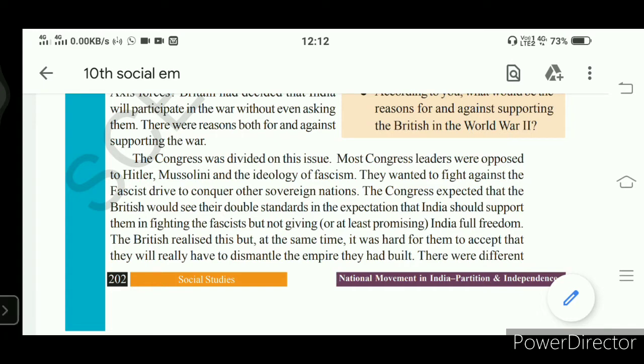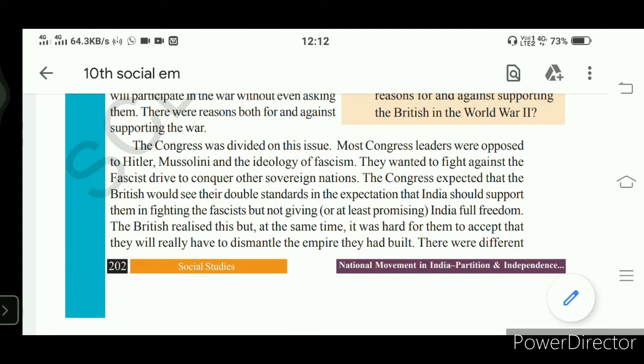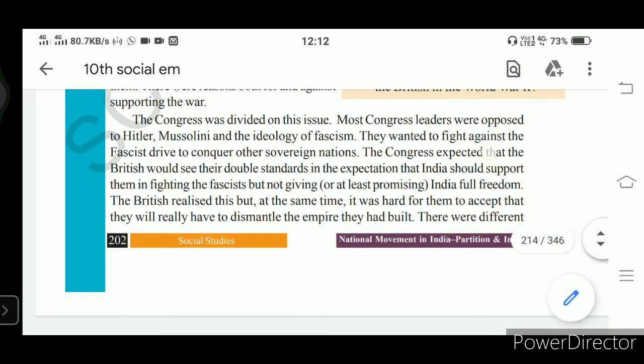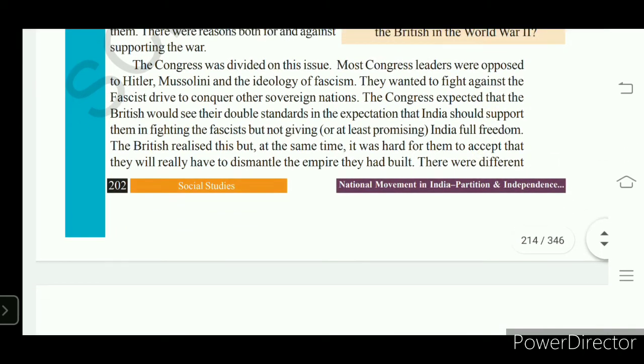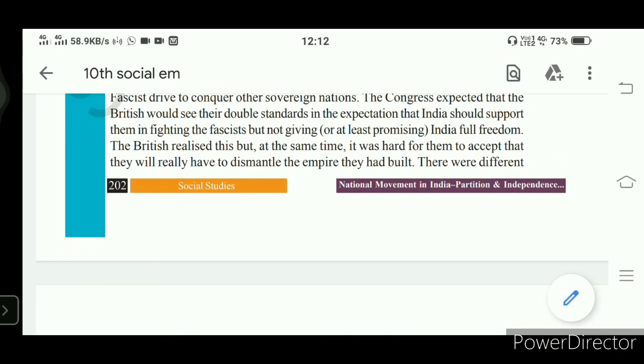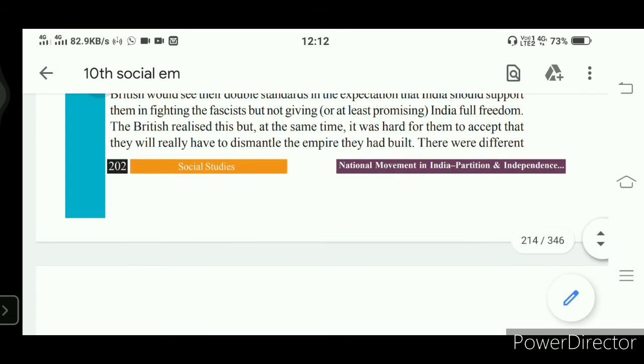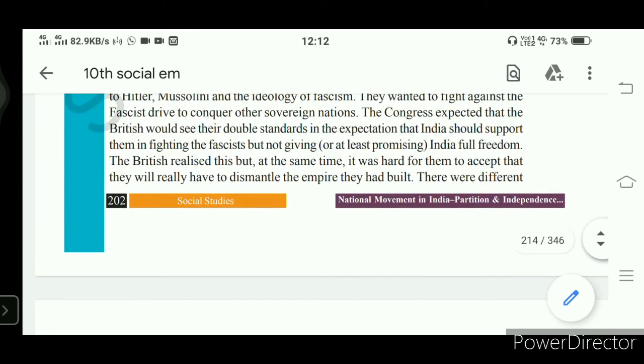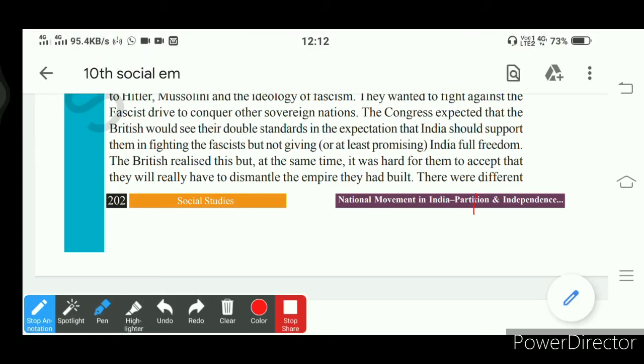So many Congress ministers were against this, and the Congress also demanded that a government be set up in India at a national level immediately after the end of the Second World War, and the Britishers objected, saying that the Congress is not protecting the interest of all Indians, because Congress is a national party demanding freedom for India.